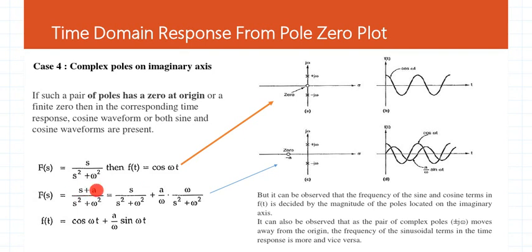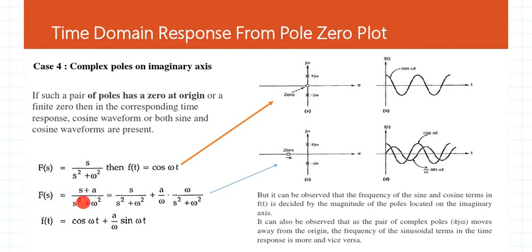If I equate this numerator to 0, I get the s value as minus a. So s equal to minus a corresponds to the 0, as shown here. So introducing a 0 at some finite location in the left half of the s-plane modifies the transfer function to the form shown here: s plus a upon s square plus omega square.